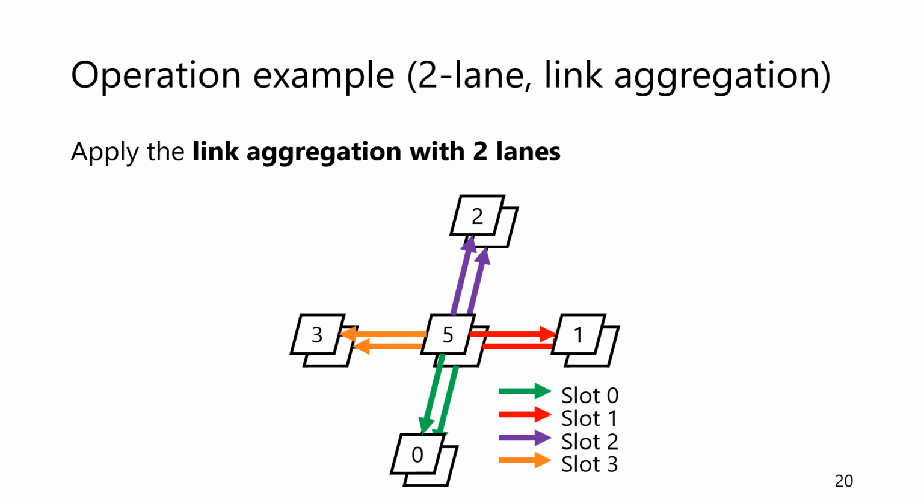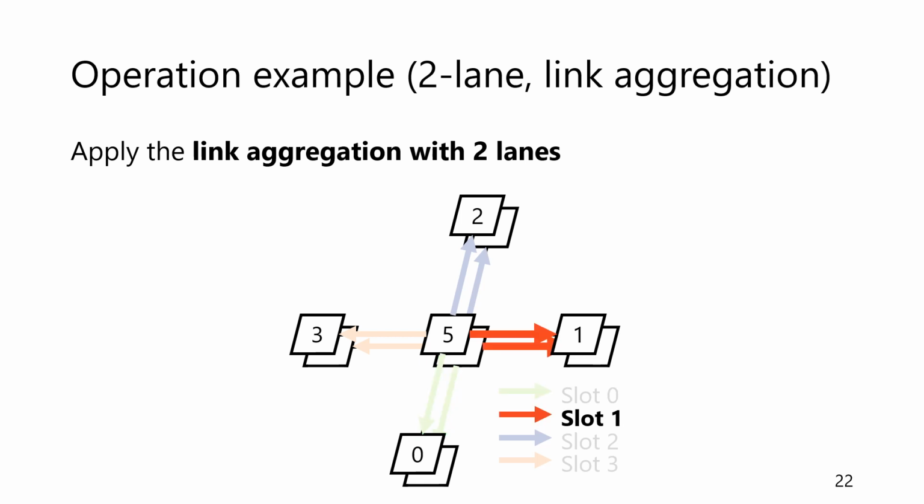This is the case of applying the link aggregation with two lanes to the previous example. In slot 0, packets are transferred from node 5 to node 0 with both upper and lower lanes.